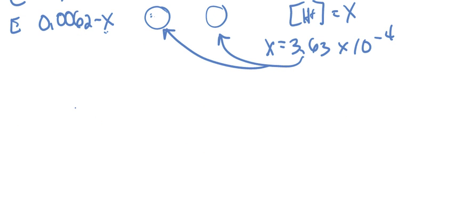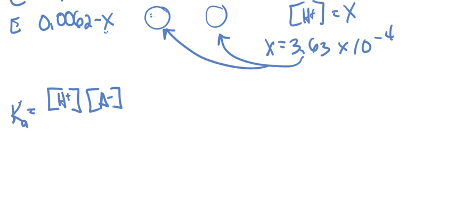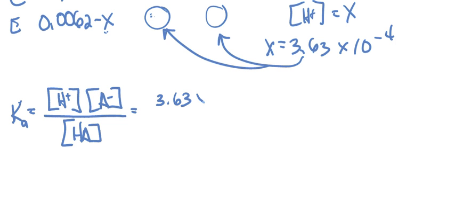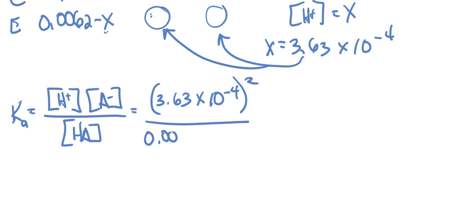So when I write my expression, and you want to write it, Ka in this case is hydrogen times the anion over HA. Beautiful. I have 3.63 times 10 to the negative 4. Square that. And then 0.0062 minus 3.63 times 10 to the negative 4. Yep, include it. So that'll give you your Ka. So let's see here.